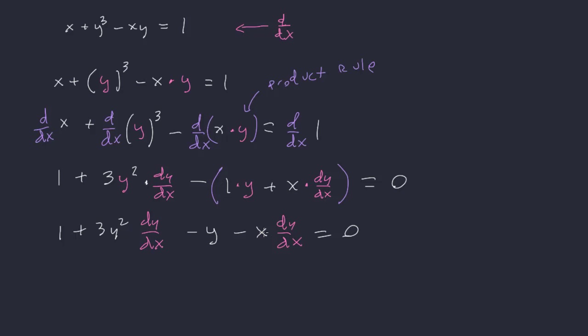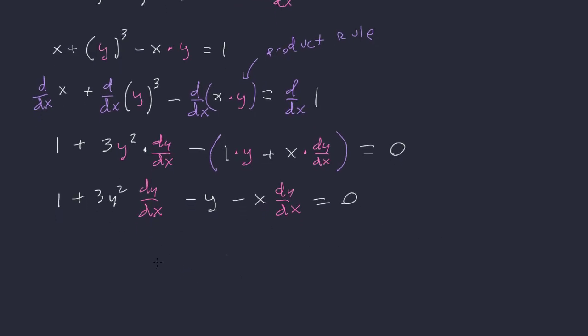Like I've said, some people have trouble with this when they're first learning it, and it's understandable. This is very different than what we've done before, but just keep in mind we were just solving for the dy/dx. So we're going to move everything that isn't a dy/dx, so the 1 and the negative y, over, factor and divide.